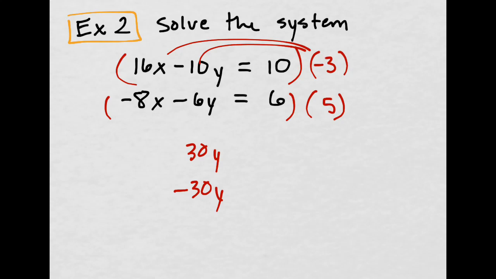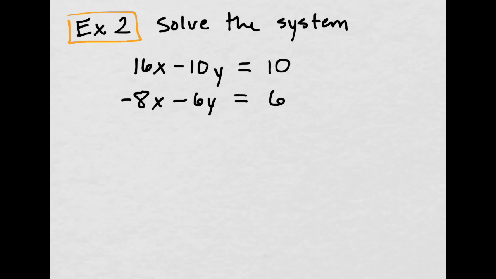However, if I choose the x's, what's the common multiple between 16 and 8? Well, that's just 16. So that means all I would have to do is multiply the bottom equation by, 8 times 2 is 16.